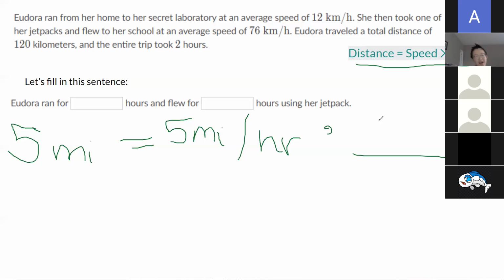Okay, so our time would be 1 hour, right? Because when you're going 5 miles per hour, let's just say you're walking 5 miles per hour, and you only walk for 1 hour, you're only going to go 5 miles. Does that make sense?